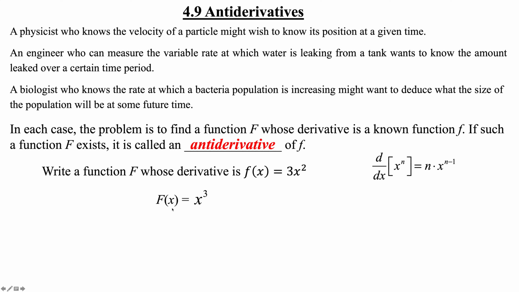So my capital F of x would be x cubed. Or some teachers will call it the antiderivative f, we'll just call it capital F, that's easier, is x to the third. And an antiderivative of f of, wait a minute, hold the phone.